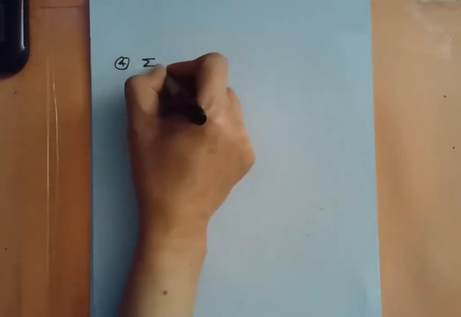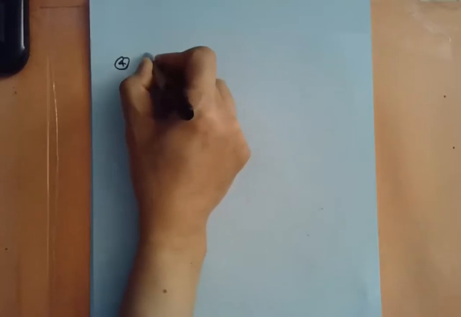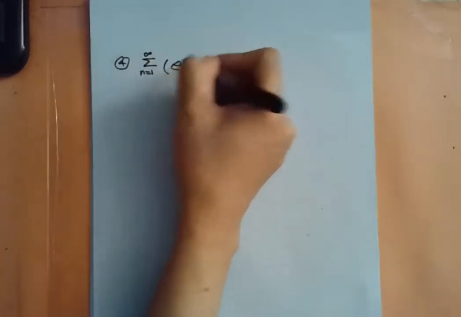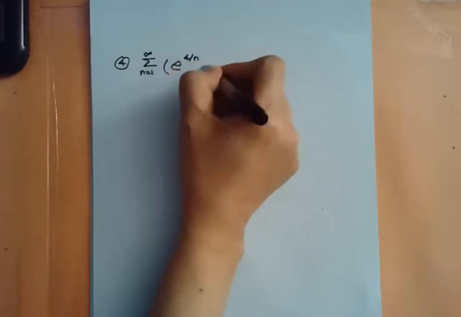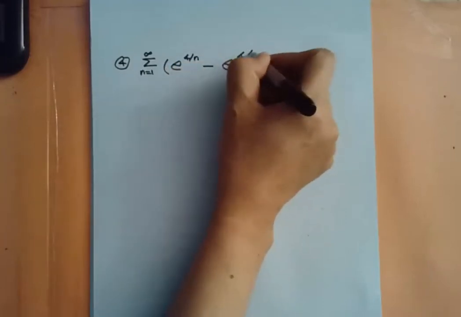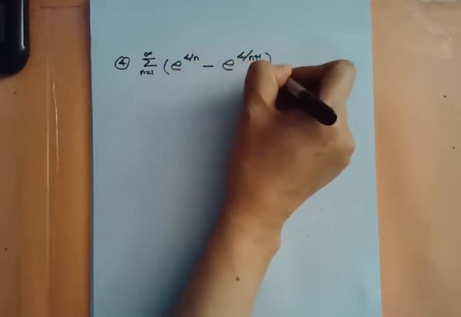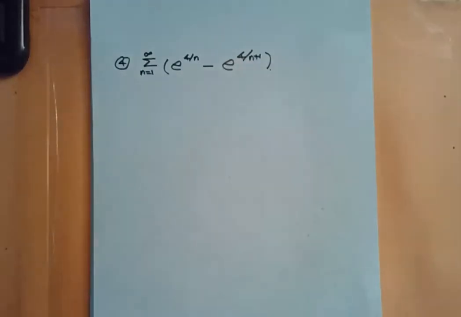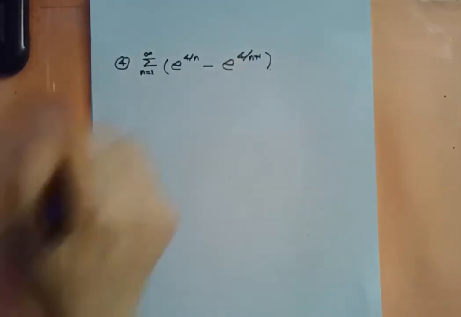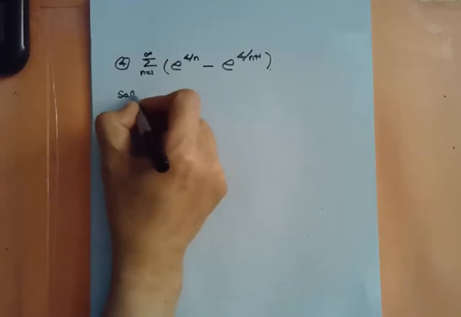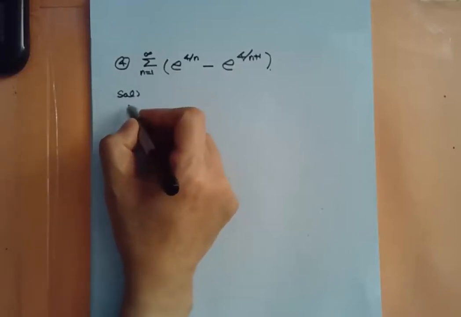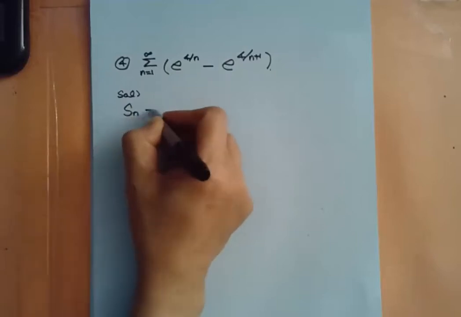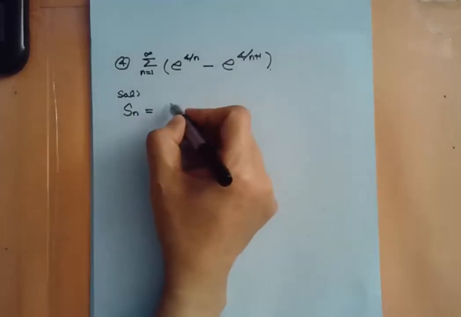Next problem. N equals 1 to infinity, e to the 4 over n minus e to the 4 over n plus 1. So as we have been doing, we will consider the partial sum, nth partial sum, Sn.